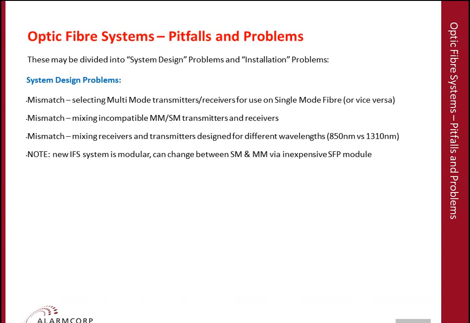Mismatch where we mix incompatible multi-mode, single-mode receivers and transmitters. Mismatch where we mix receivers and transmitters designed for different wavelengths, or systems designed for, I guess, different transmission type. However, in the new IFS system, it is relatively easy to change between single-mode and multi-mode via SFP modules.